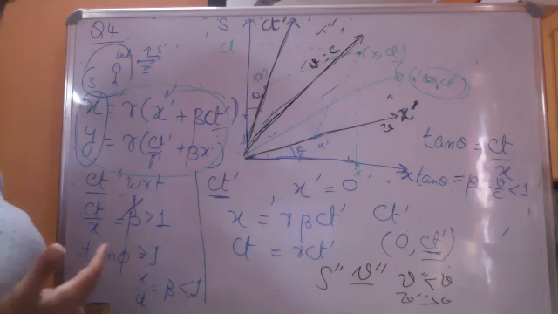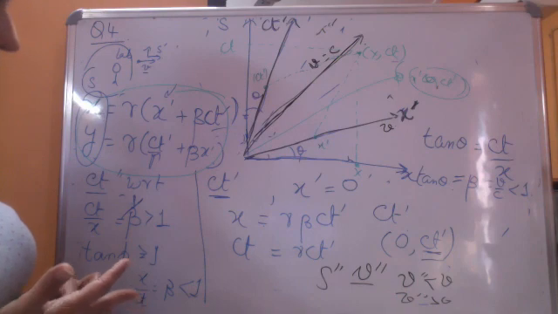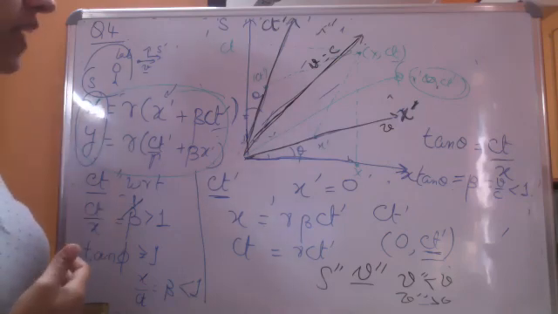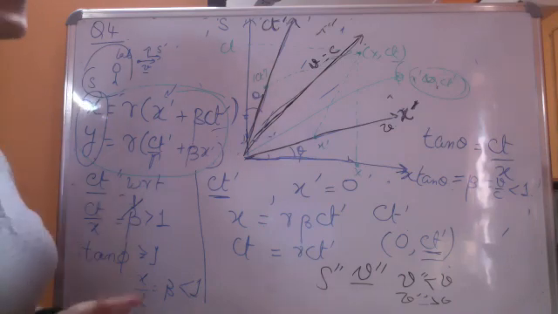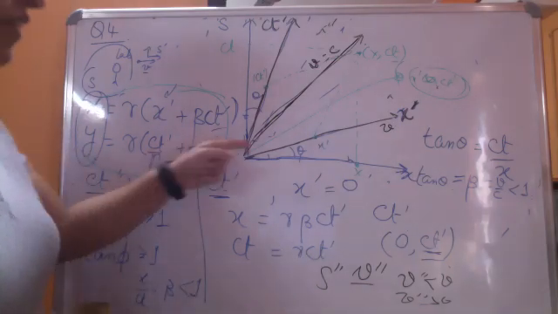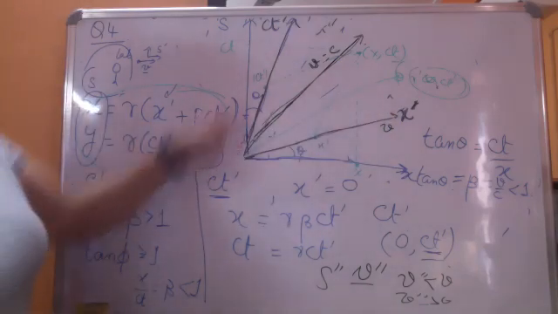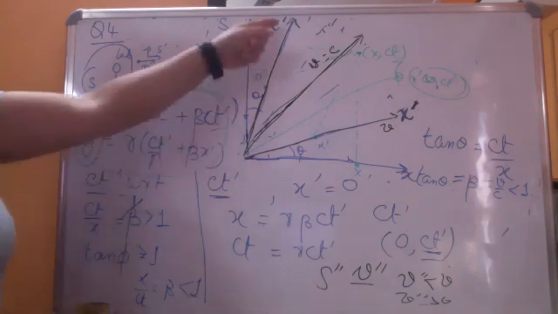Ma'am, for the given particle moving with v in the S frame of reference, that would just be a line parallel to ct prime, right? No, again you are confused. It would depend upon its initial condition. Even this line represents a particle moving with constant velocity v, and so does this one.